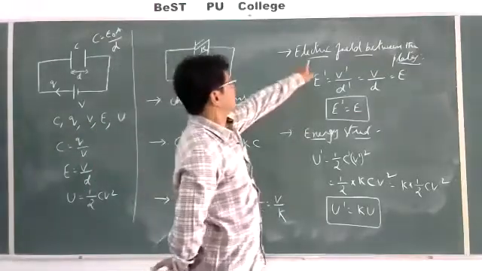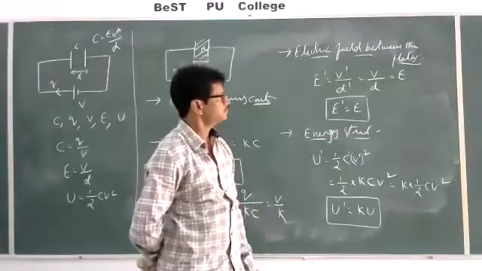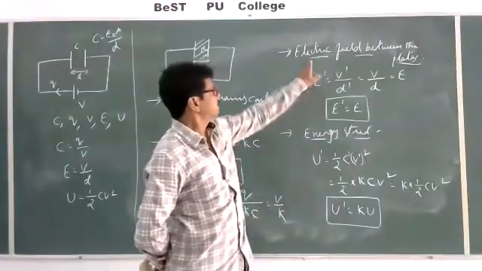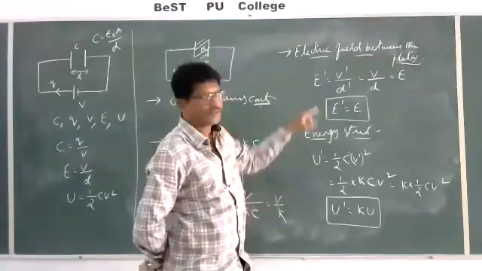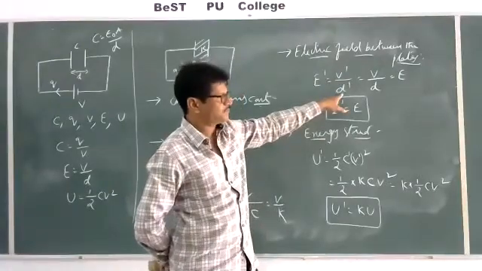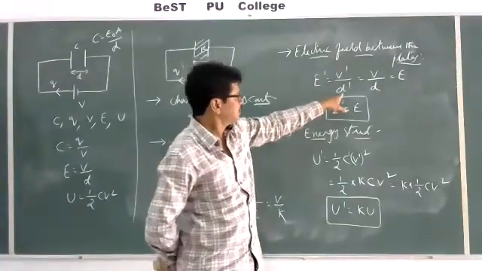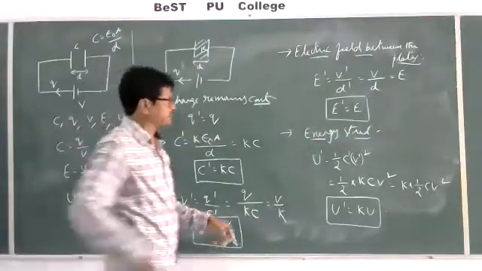Next, electric field between the plates. E dash is equal to V dash by D dash. As we know, the potential decreases to K times.